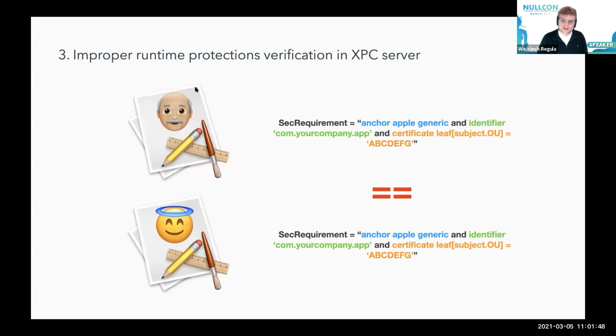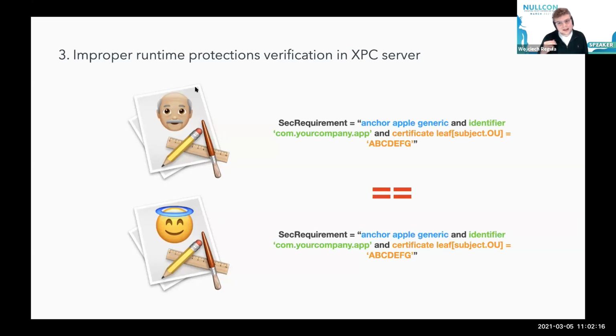the cryptographic validation is mostly based on sec requirements that are, as you can see on the slide, simple strings. And these simple strings usually contain the following information: that the executable has to be signed with a certificate that was issued by Apple, that gives us this anchor apple generic. The bundle identifier of the application must match.